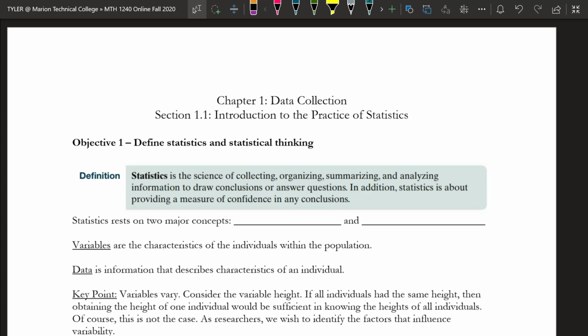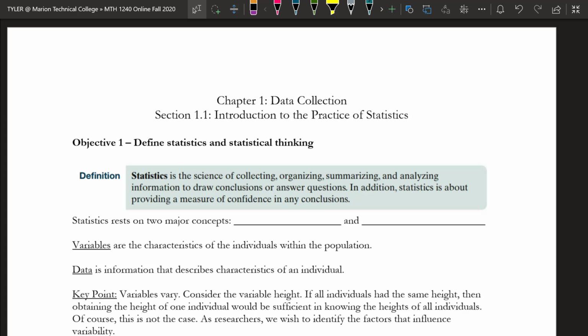Objective 1, we want to be able to define what statistics is, and then also think about some statistical thinking. So you can see here the definition of statistics, which is the science of collecting, organizing, summarizing, and analyzing information to draw conclusions or answer questions.